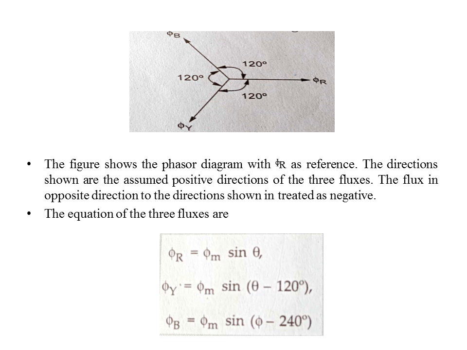Phi B is lagging by 240 degrees with respect to phi R, so phi B is phi m sin(theta minus 240 degrees). This we have already discussed in the three-phase AC circuit in terms of EMF. But here, to derive and understand the concept of the rotating magnetic field, we need to consider the values of flux generated in the three sets of windings, phi R, phi Y and phi B.